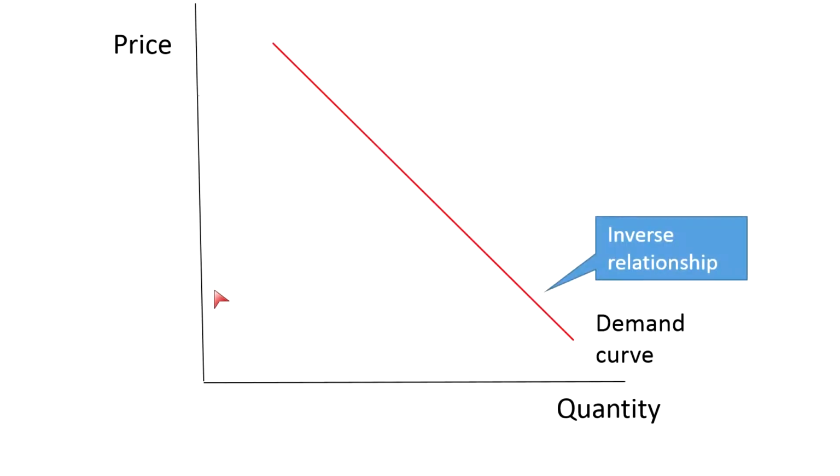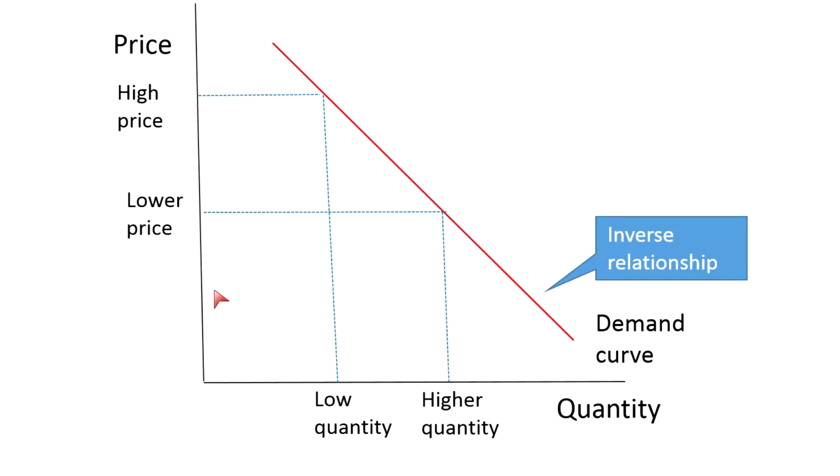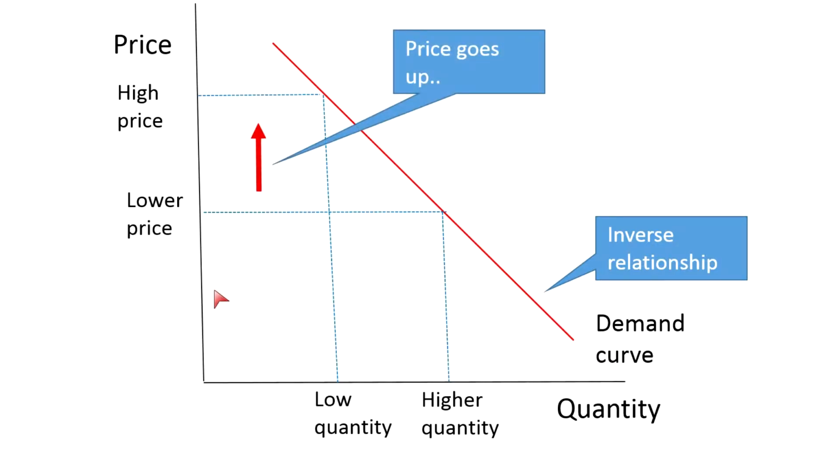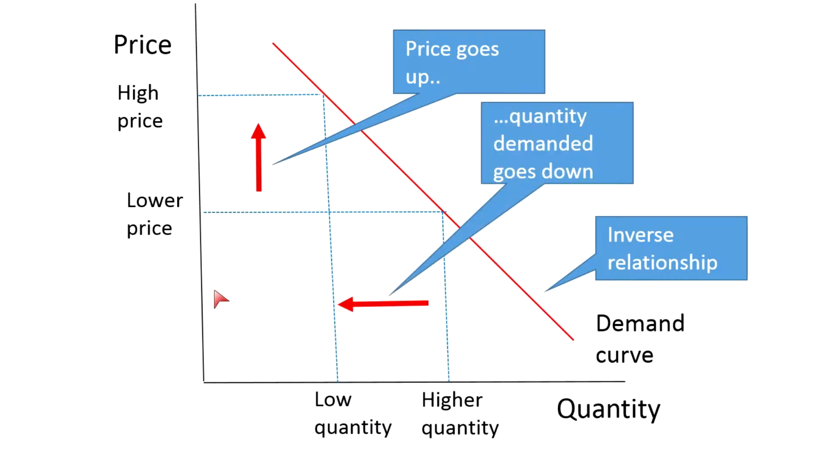If we hold the majority of factors affecting their decision making constant, except the impact of price, we'll come up with what we call a down-sloping demand curve, which shows that there's an inverse relationship between price and quantity. So you can imagine, price goes up, normal response, quantity willingly demanded goes down, and vice versa.